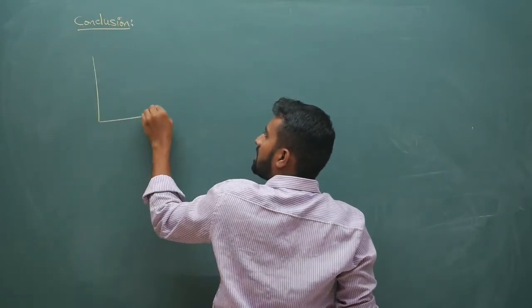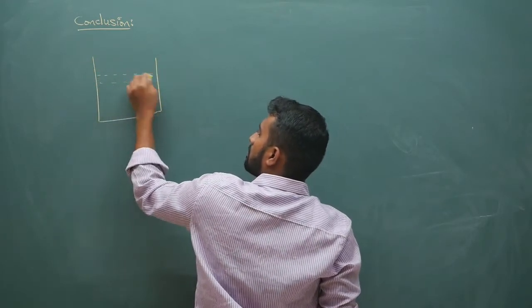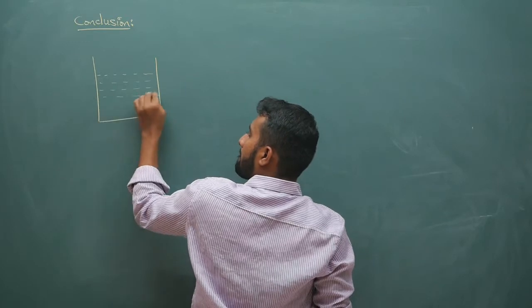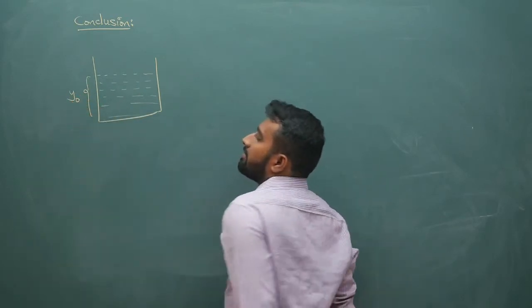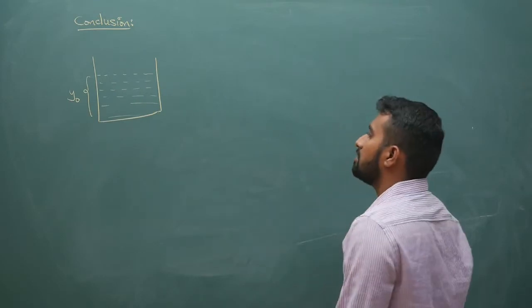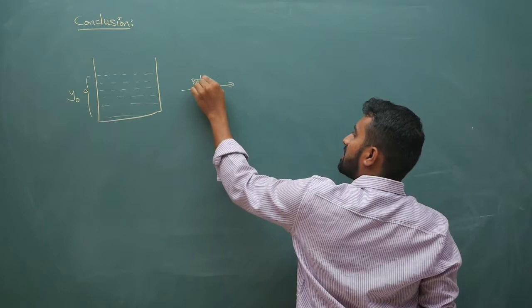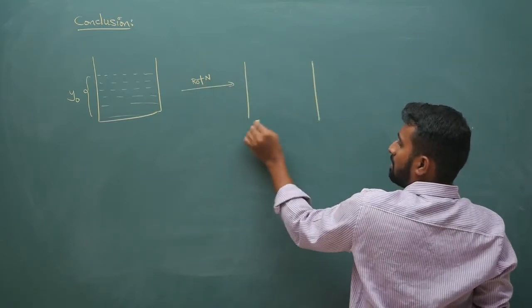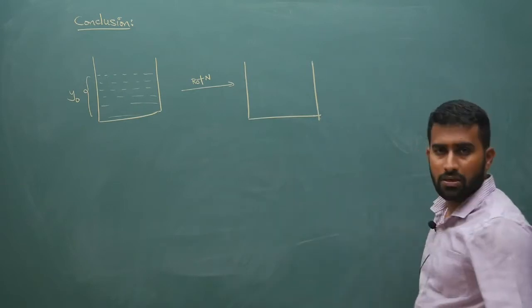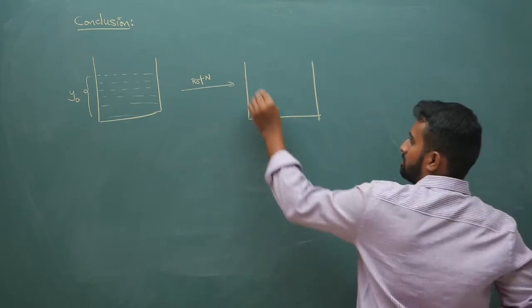You have a cylinder with liquid inside it up to height y naught. Now you have started rotation, because of which your liquid takes the paraboloidal shape.